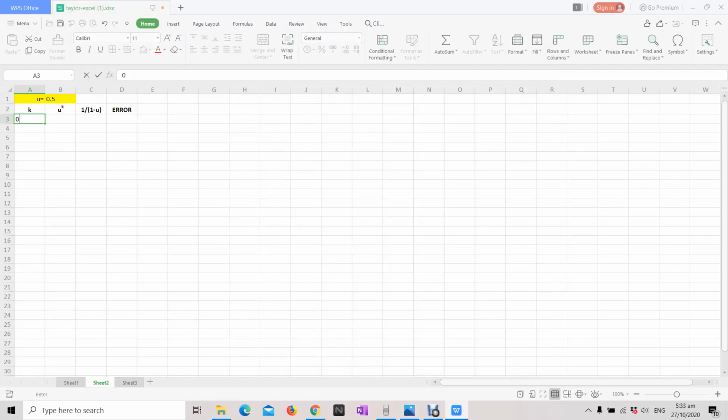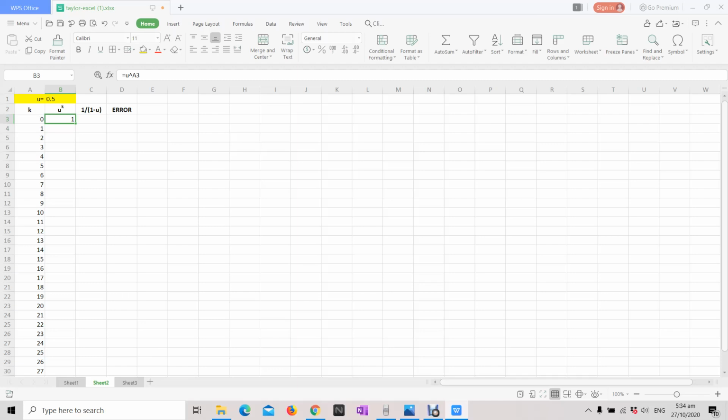So let's put 0 here, and let's extend that to, let's say, 27. Now the u raised to k is just u raised to the corresponding value of k in the table. So for this cell, the value of k is equal to 0, because it is beside it, and we just say u raised to 0. So that would be equal to 1.